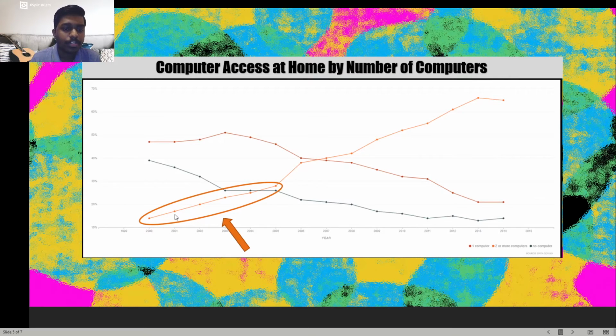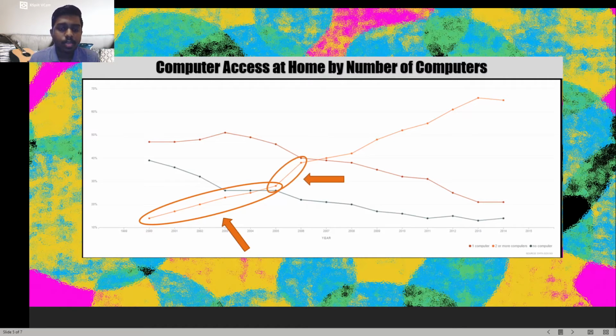So in the first movement from 2000 to 2005, the computer access at home by two or more computers has been increasing constantly from 13% to around 28%.